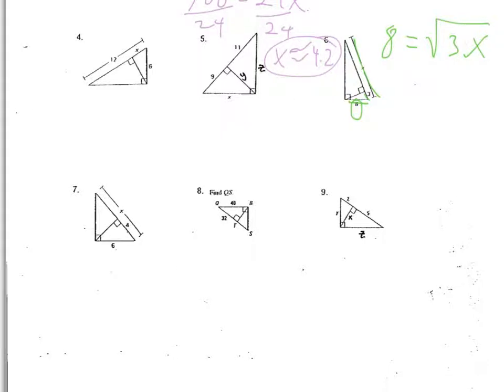Number 8, it doesn't have an x, but it says find QS. Well, QS is the whole hypotenuse. So we're going to say this segment, the leg, 40, is the geometric mean between the segment adjacent to it, 32, times QS, the hypotenuse, which we can just call x.